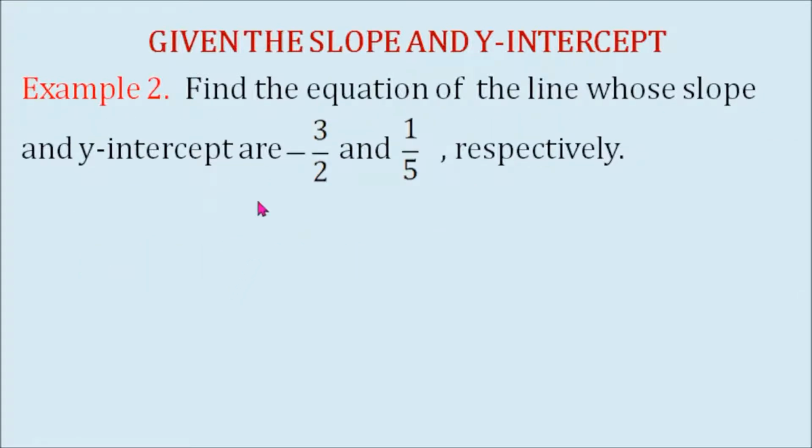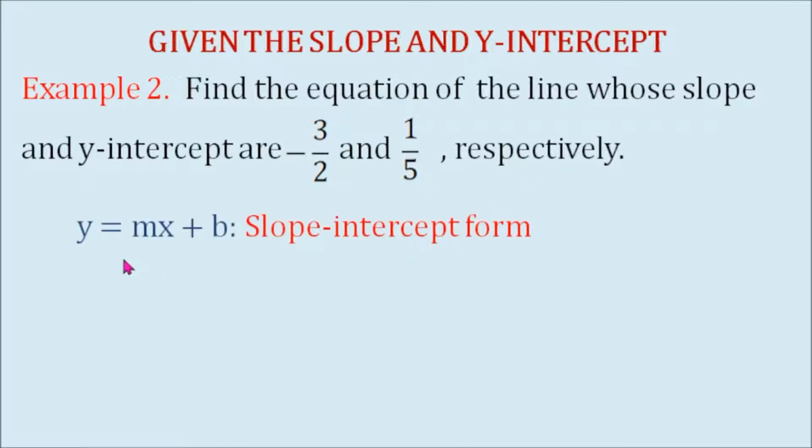Example number 2. Find the equation of the line whose slope and y-intercept are -3/2 and 1/5 respectively. Again, y equals mx plus b is the slope-intercept form of a linear equation in two variables.